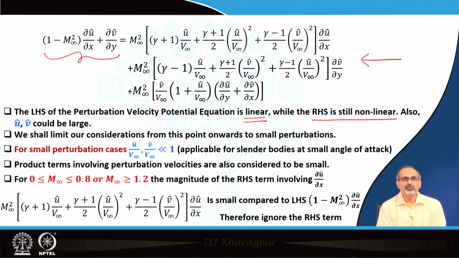Also, u hat and v hat could be large because we haven't imposed any constraints on them as of now, that they necessarily need to be small. Now, we are going to limit our considerations and look at situations where they are very small.